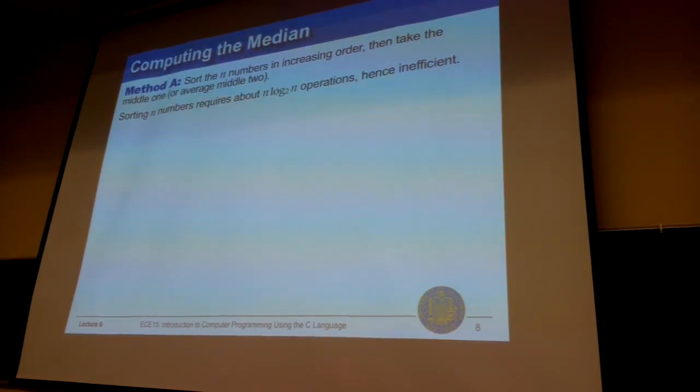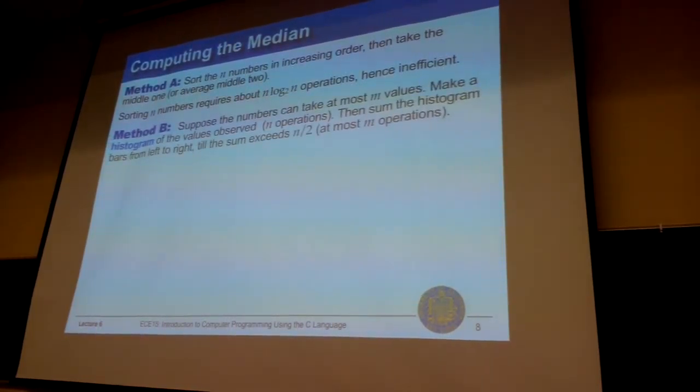We won't go into detail, but if you have n numbers, it requires about n log n operations to sort them. If you're interested in learning more about these types of algorithms, there are algorithms classes in CS that go into more detail. So it's not as efficient as we might want it to be.